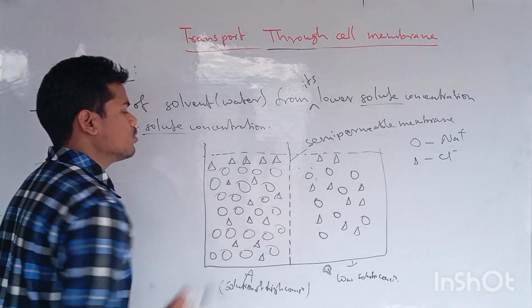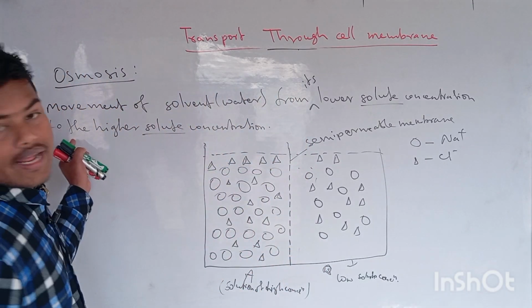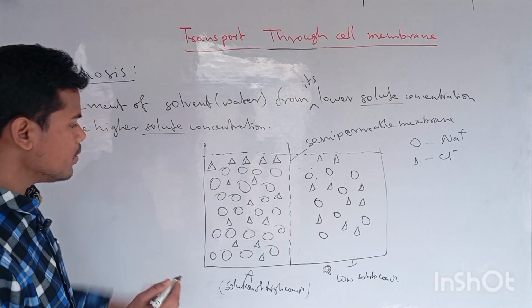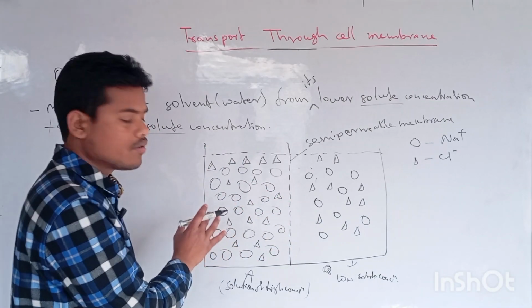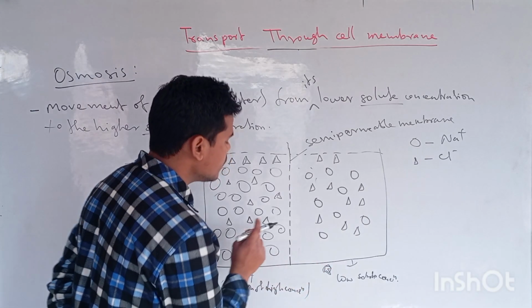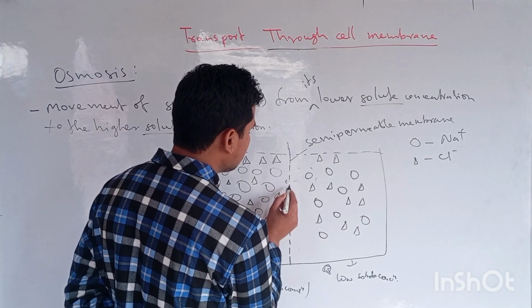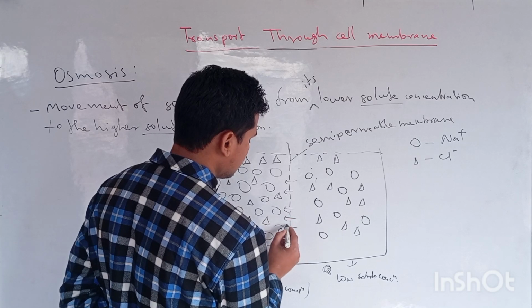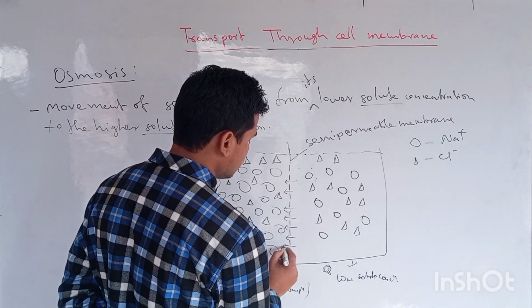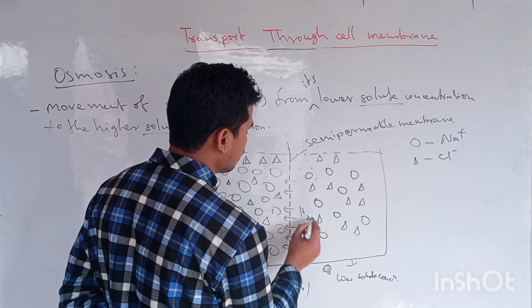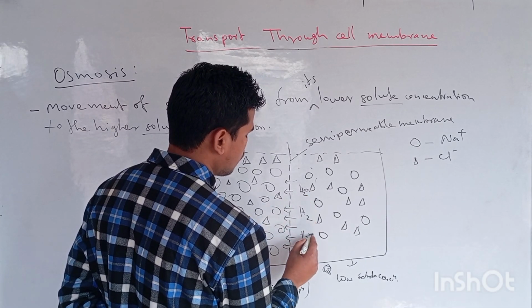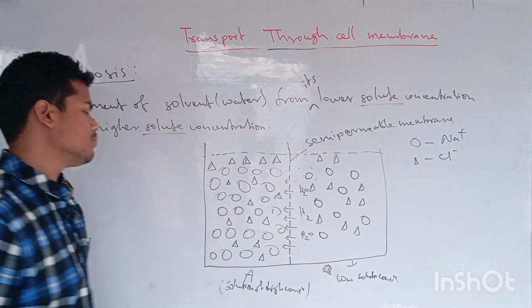So according to the definition, the movement of water or solvent will occur from compartment B to A. This is the direction of movement of the water, H2O.